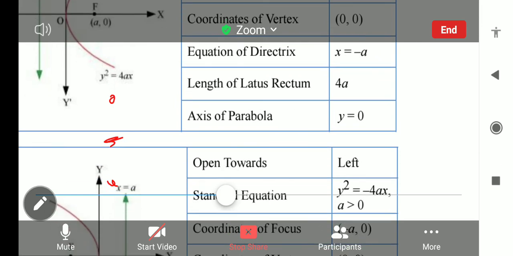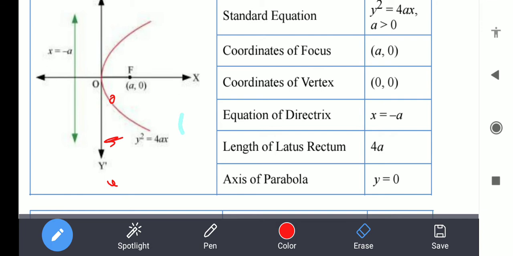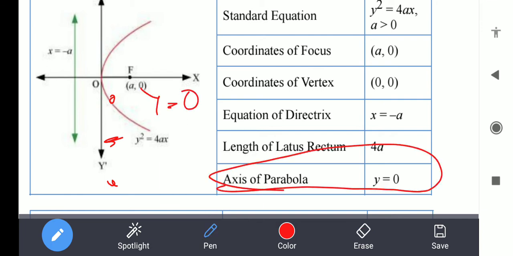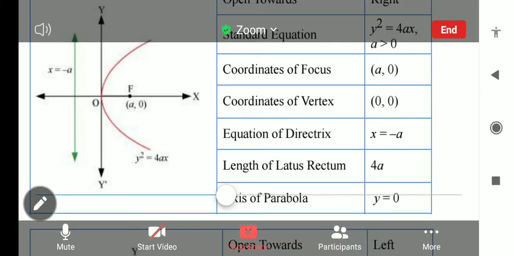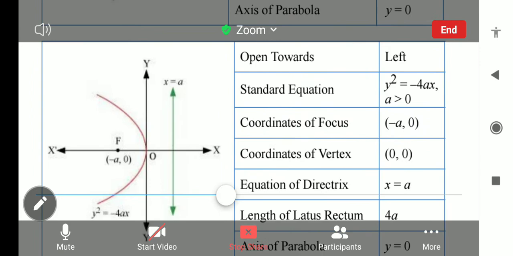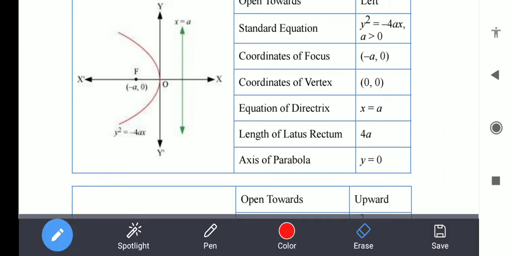The axis of the parabola is the x-axis, and the equation of the x-axis is y equals 0. So the axis of the parabola is y equals 0. Second case, open towards left. The general equation is y square equals minus 4ax.